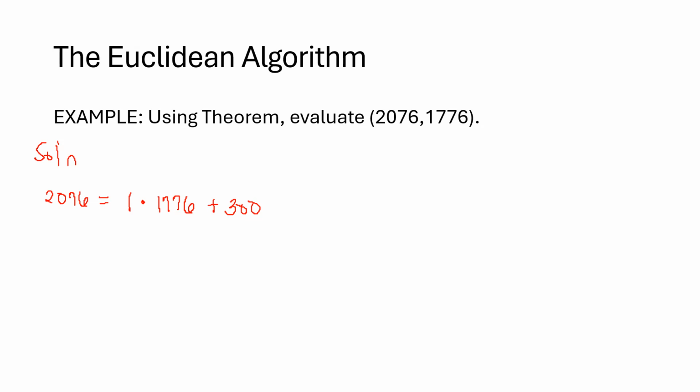So we have 1776 is equal to 300 times 5 plus 276. The next step is to continue this procedure until a zero remainder is reached.